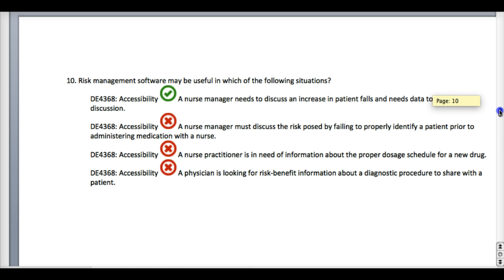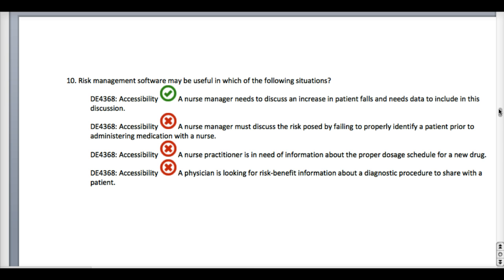Risk management software. All right, this one was a tough one for people. Let's say I totally forgot what risk management software is. If you go back to the index in your book, e-text, you will quickly find it on page 129. So risk management software is a big picture system that helps an organization to identify potential risk and develop strategies.